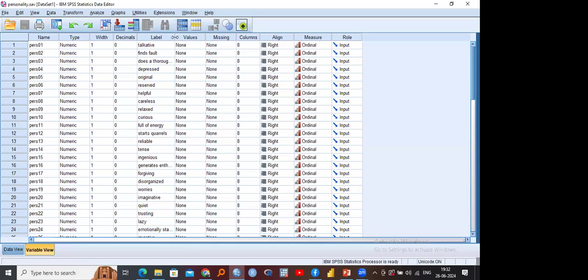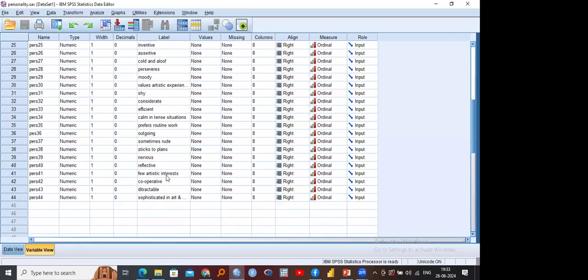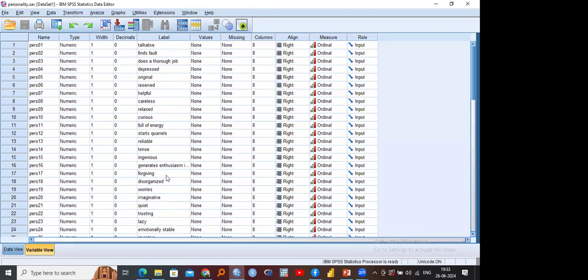If we look at their labels, what can be in personality? A person could be talkative, finding faults, does a thorough job, depressed, original in thinking, reserved, helpful, careless, relaxed, curious, full of energy. There are many characteristics like this. Some of them are like disorganized, forgiving. Now there are 44 different characteristics, yes, 44 variables, which are used to assess the personality of an individual. Now it seems 44 is too many.